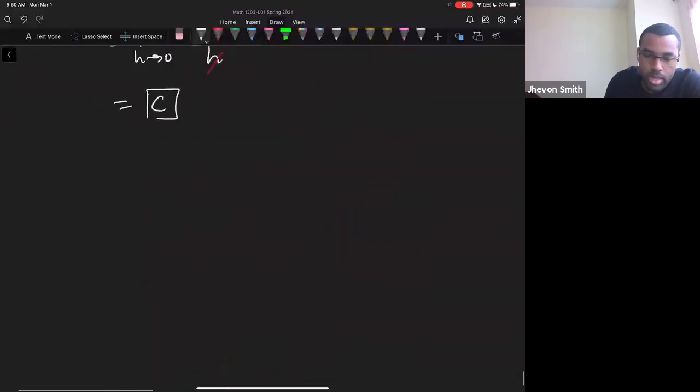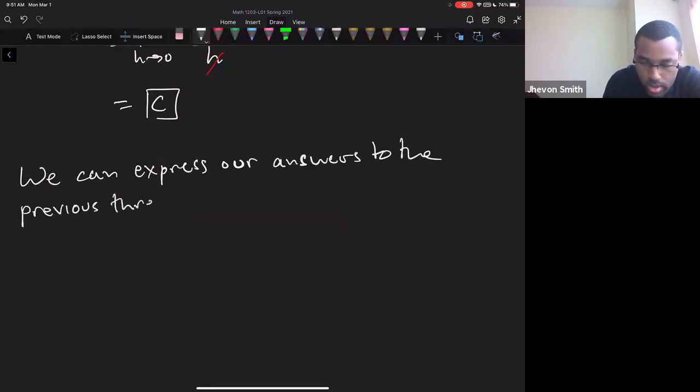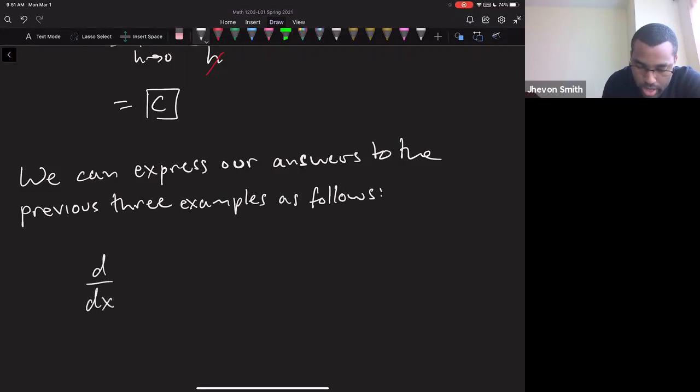Now, we can express our answers to the previous three as follows. We can use the Leibniz notation, but we put the function beside it.